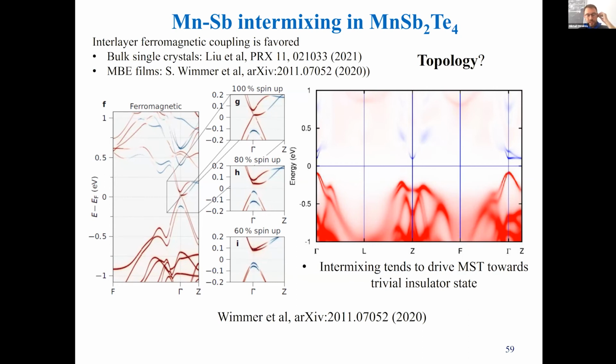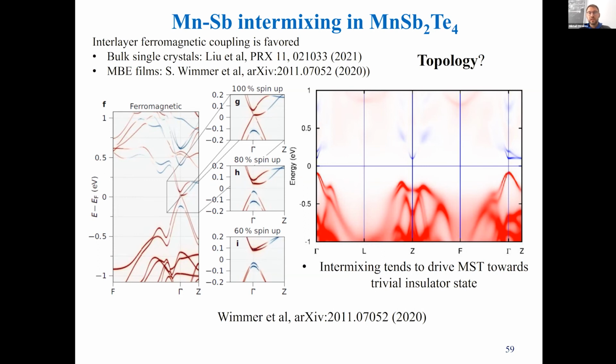But let us now imagine a situation when your composition experiences certain variation across the thin film or single crystal, for example, because the fact is that in this material, the interlayer exchange coupling is very weak. Therefore, a small change of the composition will affect it towards one way or another. It will be either ferro or antiferro.